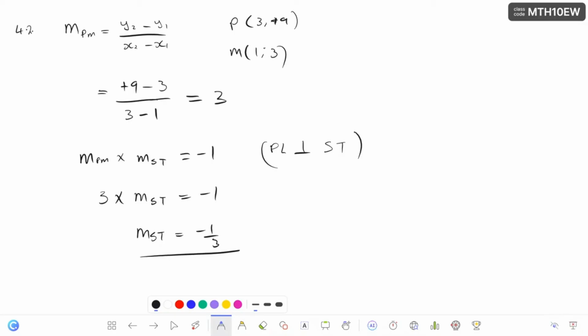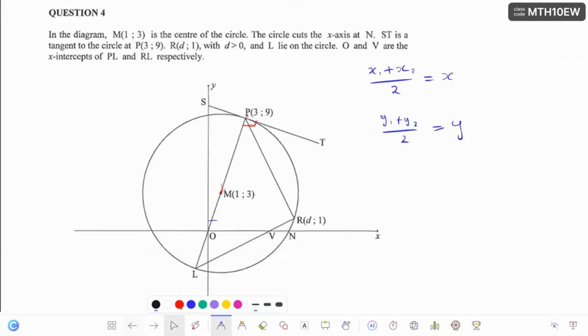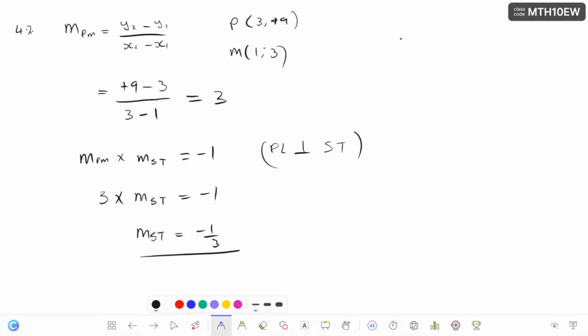So now we just need to use the point that we know, which is P, 3 and 9, to find the equation. So y is equal to mx plus c, so y is equal to negative 1/3 x plus c.